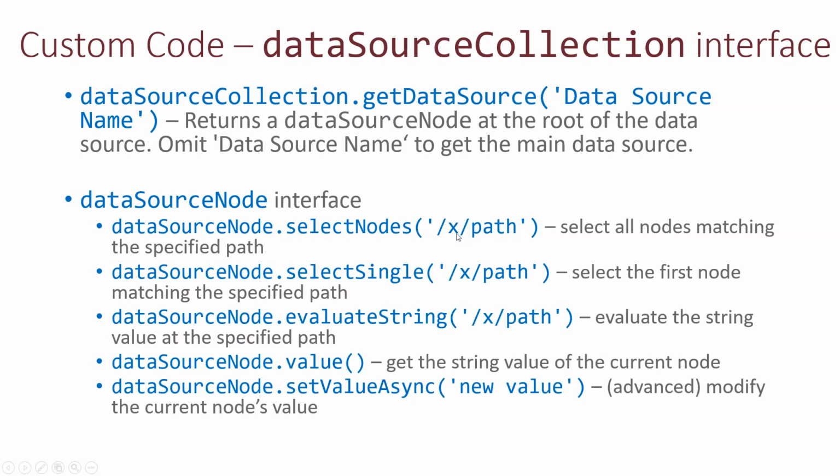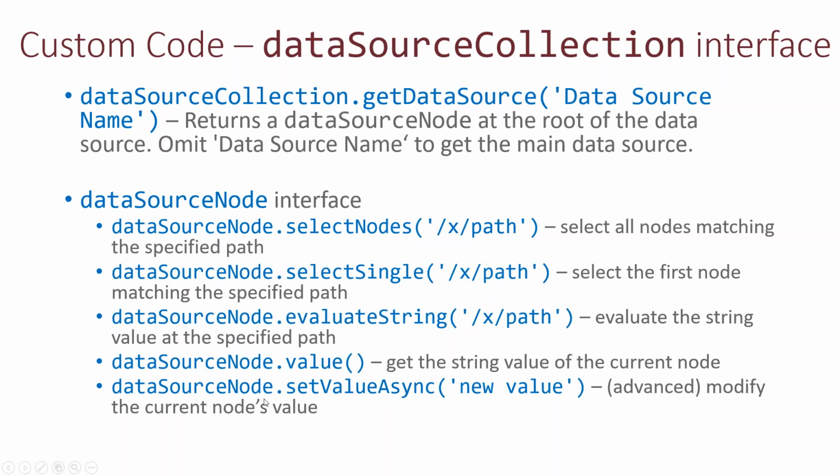You can select all the nodes matching a particular XPath. You can select a single node matching an XPath, so it'll just take the first one that matches if there are several of them. You can evaluate a string to just get the value that's at a particular path. If you've already selected a node that you want, you can call value on it to get its value.